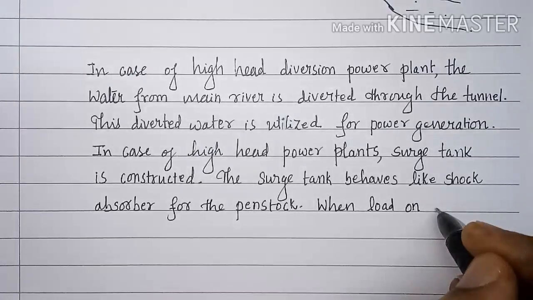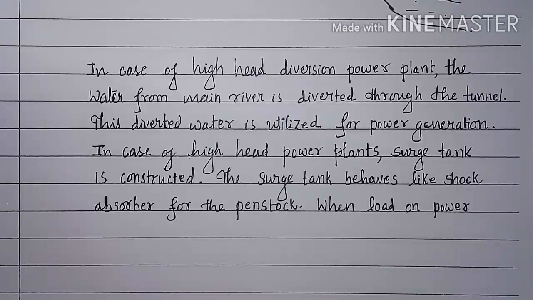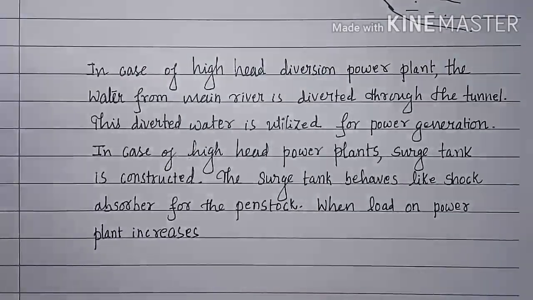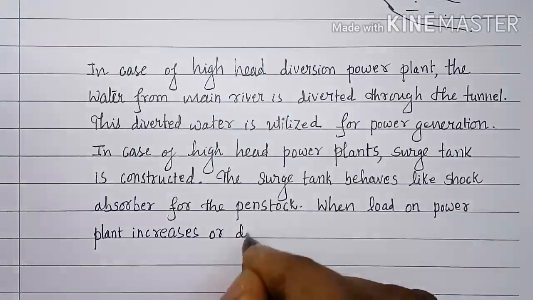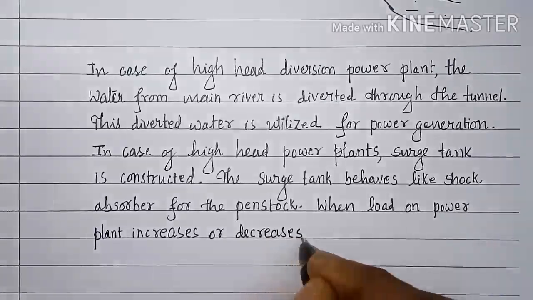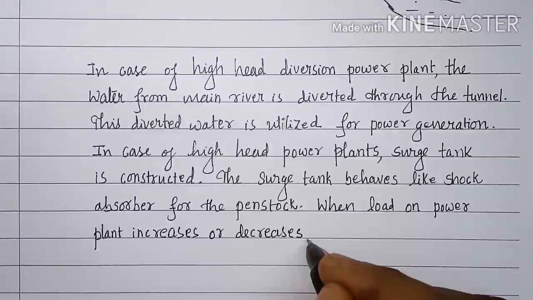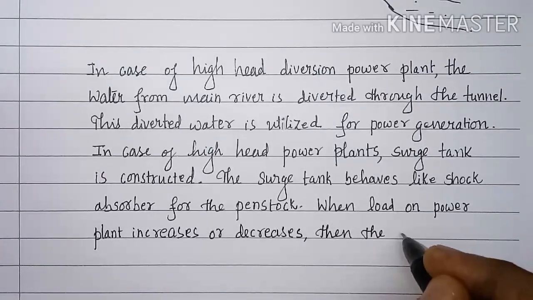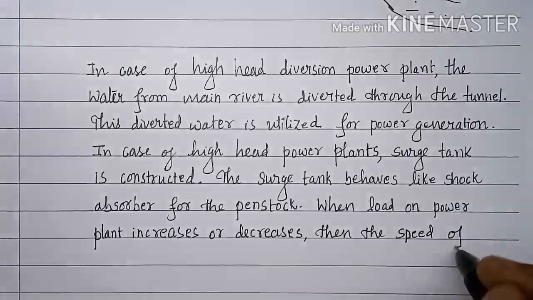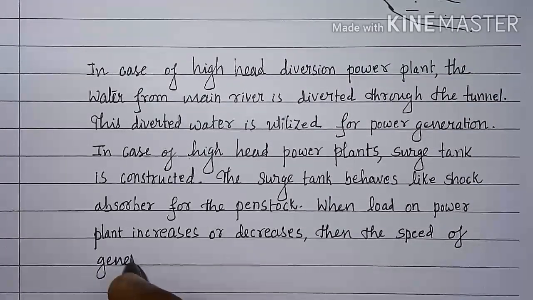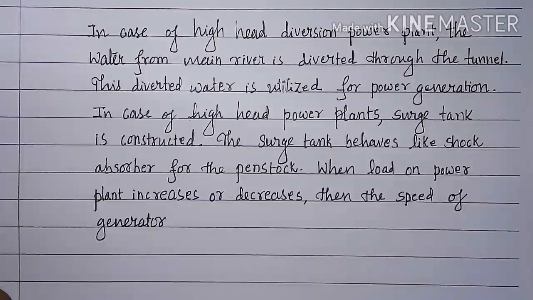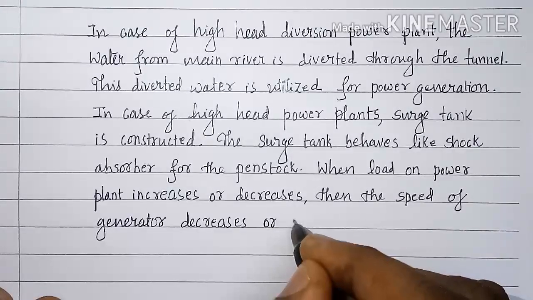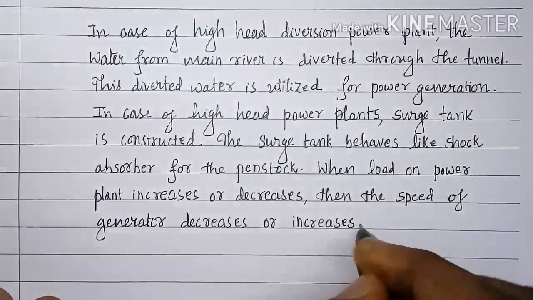When load on power plant increases or decreases, then the speed of generator decreases or increases.